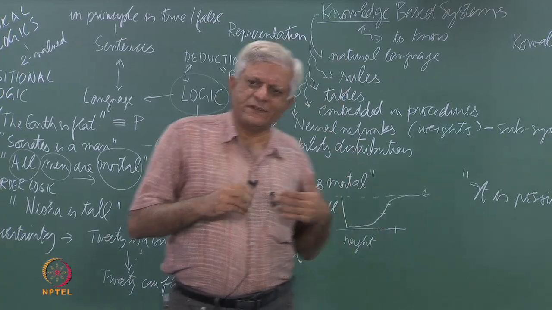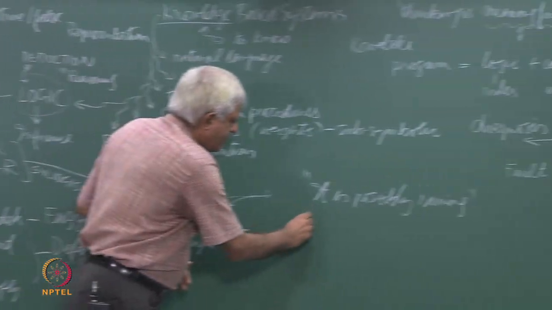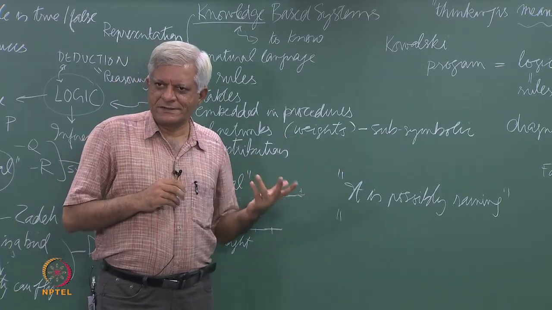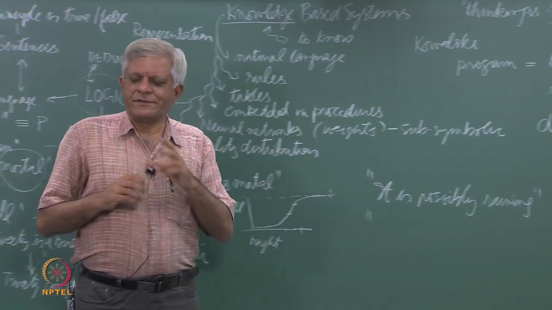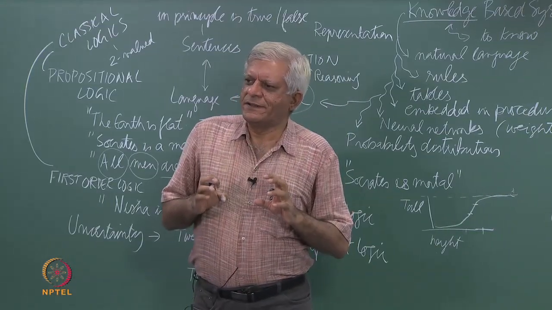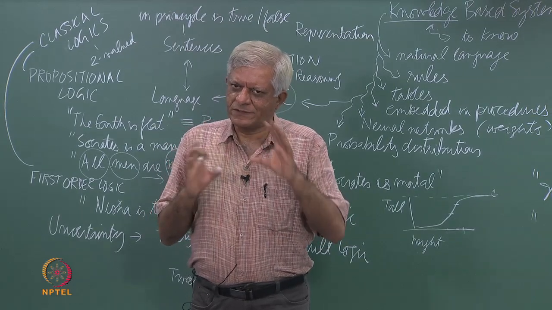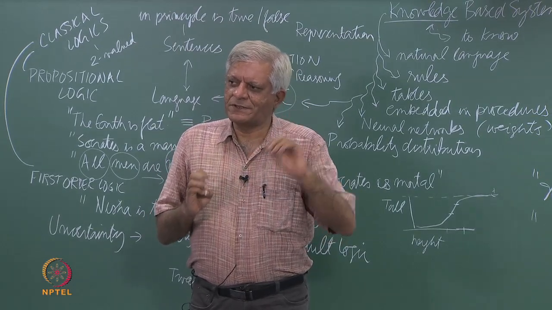Now, people have tried to devise logics. Well, I do not know what you mean when you say true statement. So, you have to be a bit careful essentially. When you say it is a true statement, then what one should say is that there exists a possible world.